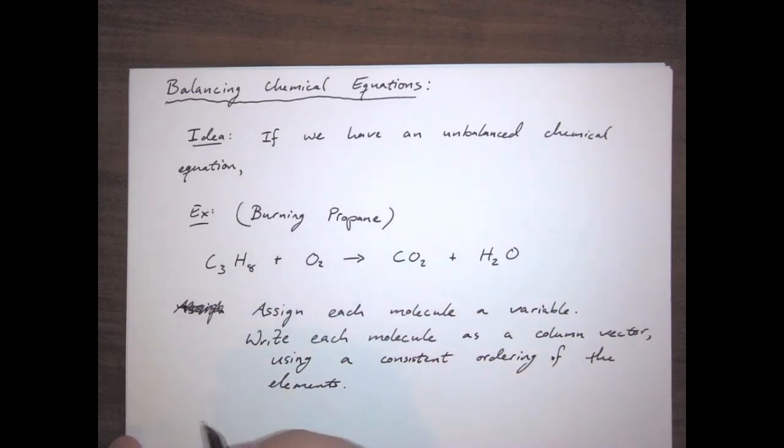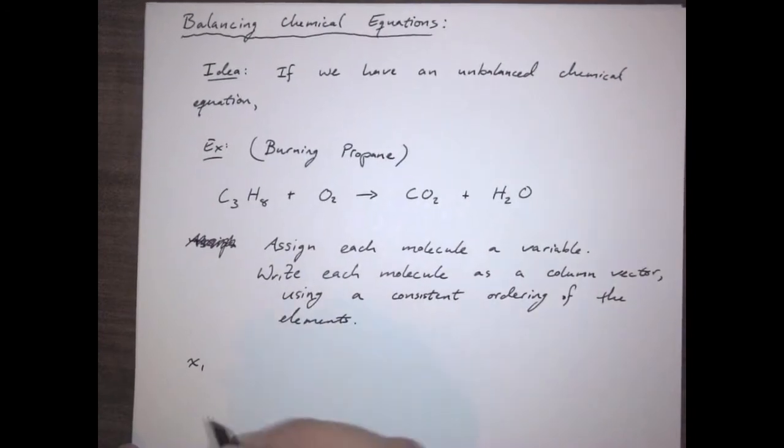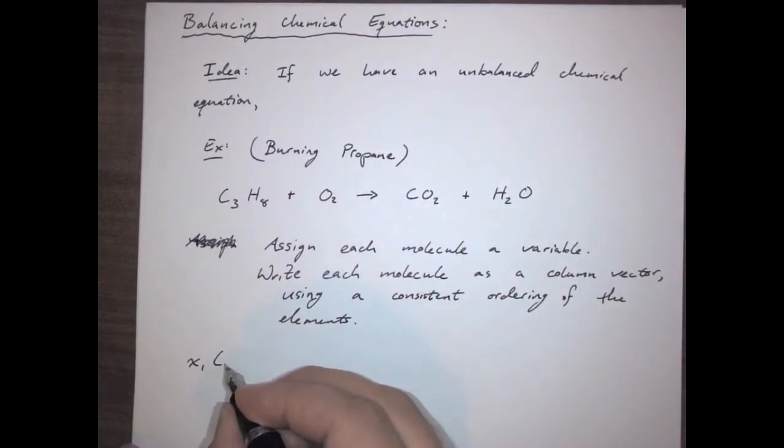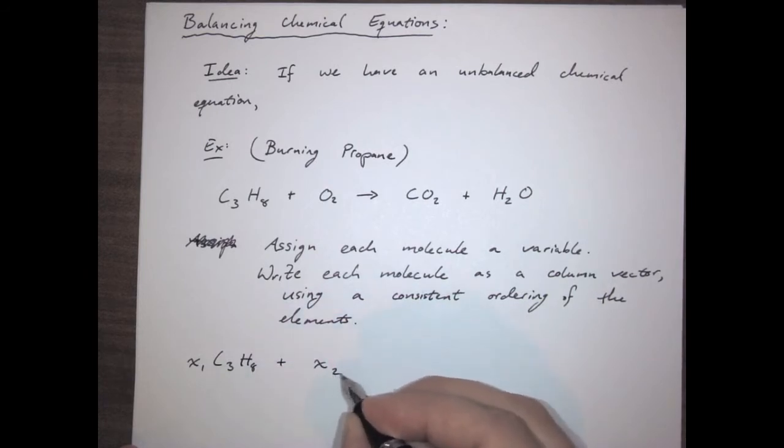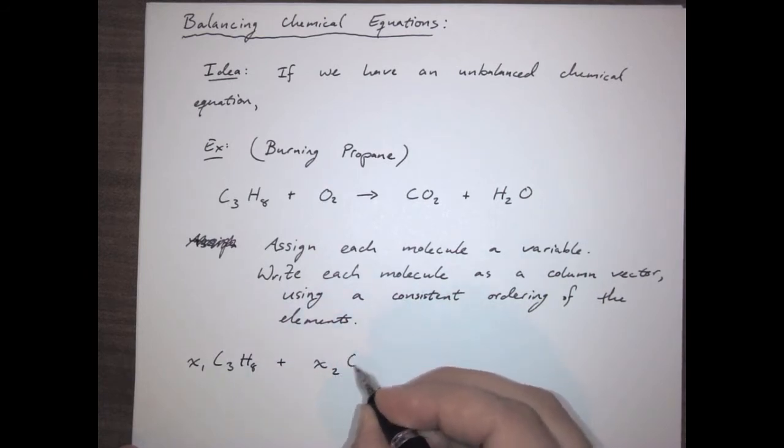So going to our example here, X1 is going to be the one that goes with the propane, let's say. So it's going to be X1 C3H8 plus X2 times O2.